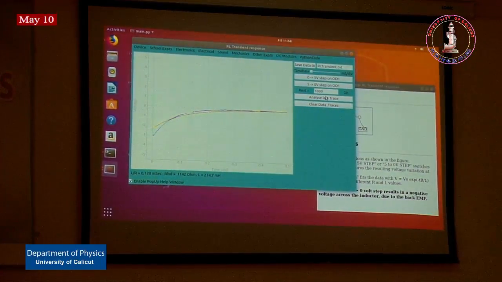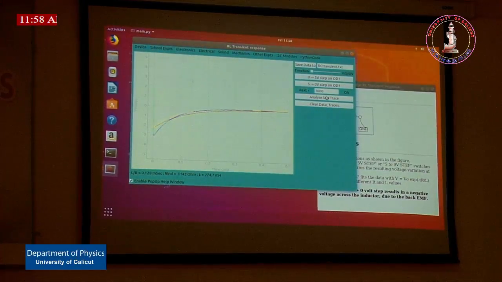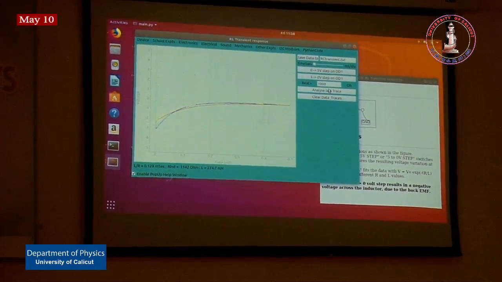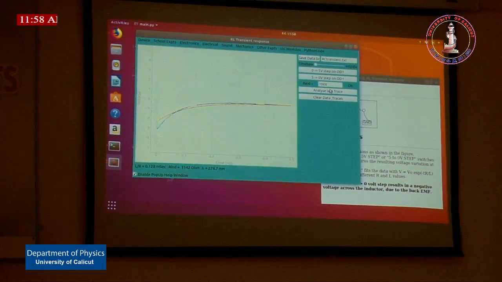So what are all the values we got? Can you tell me the last three values? 274.7, and before that 191.8. Okay, put it as 7, 3.